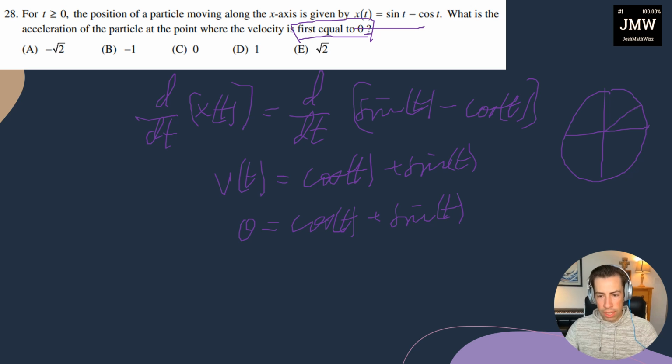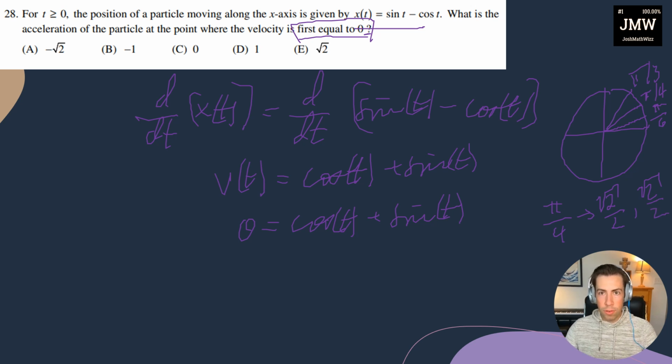We have a few points that are of particular interest: pi over 6, pi over 4, and then pi over 3. For pi over 4, the coordinates are going to be root 2 over 2, and then root 2 over 2.